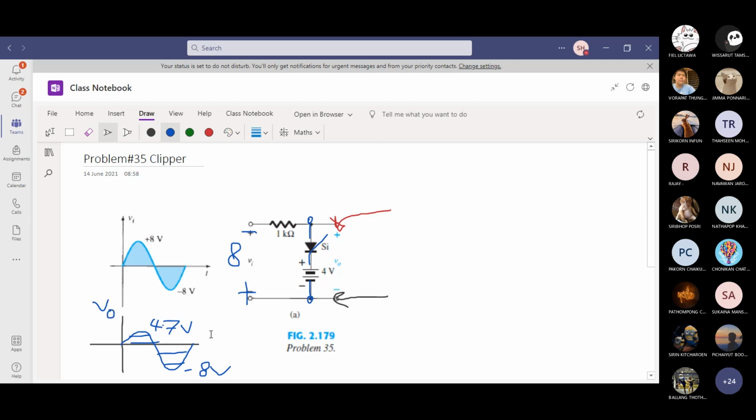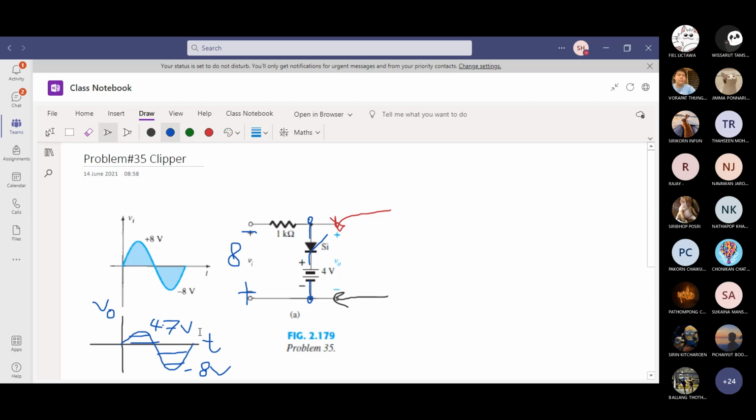V out versus T. T is in seconds and V out is in volts. I think that's about it.